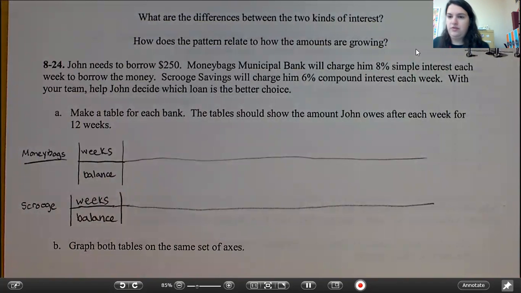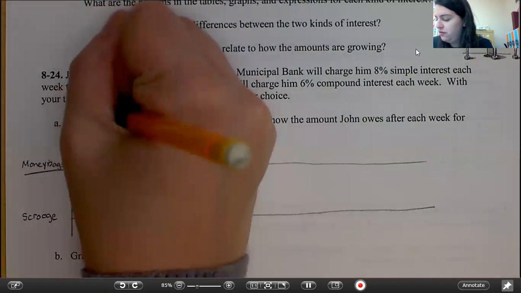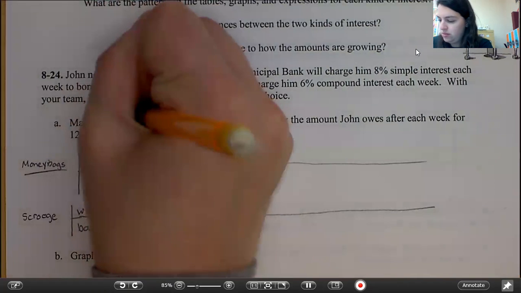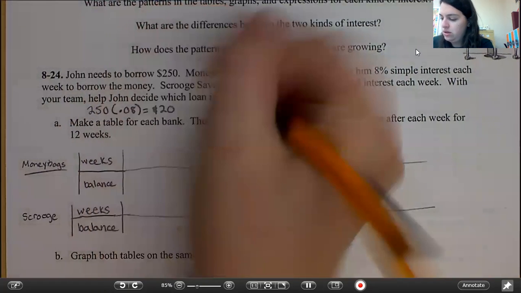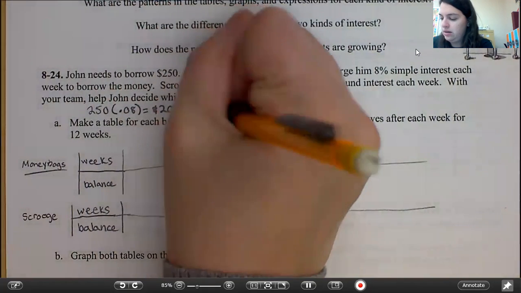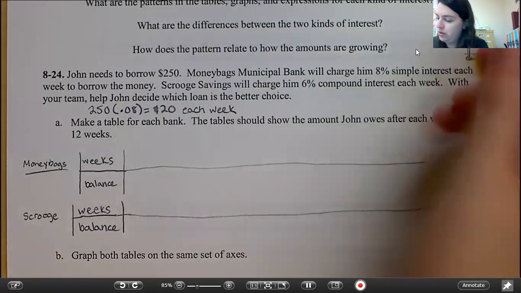Let me help you real fast. So we know $250 times 8% interest would give you $20 each week that's added. That's going to be for your simple interest.